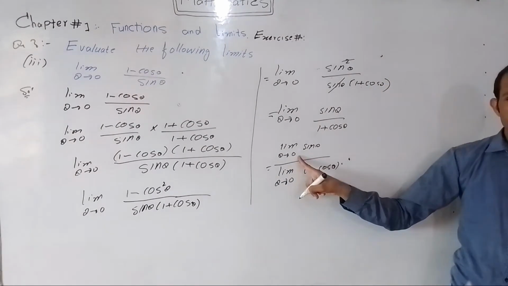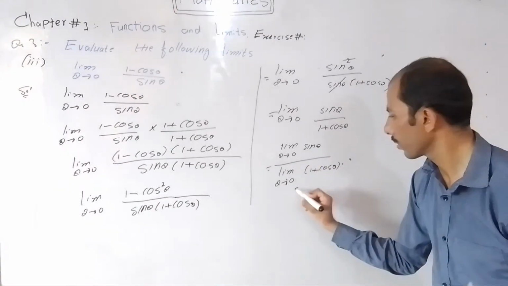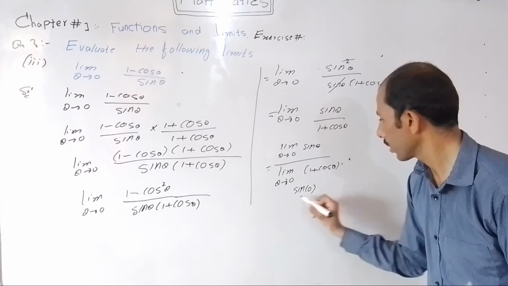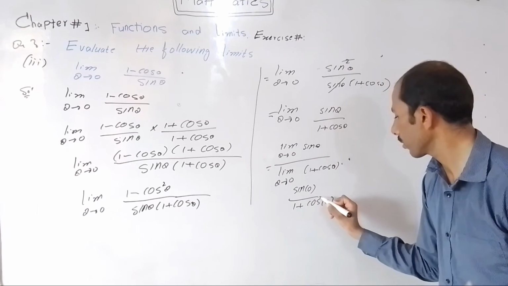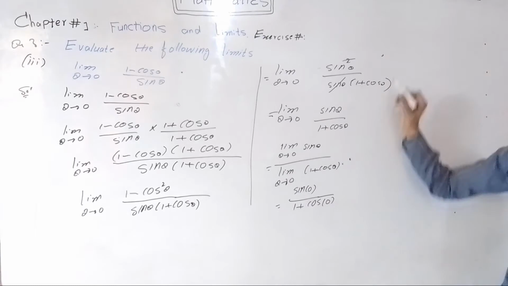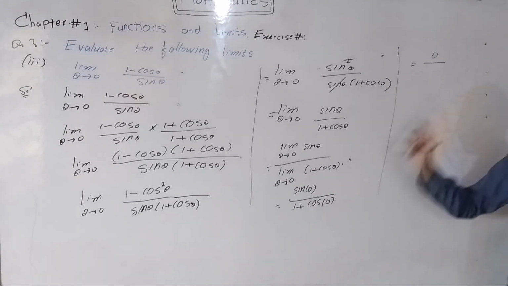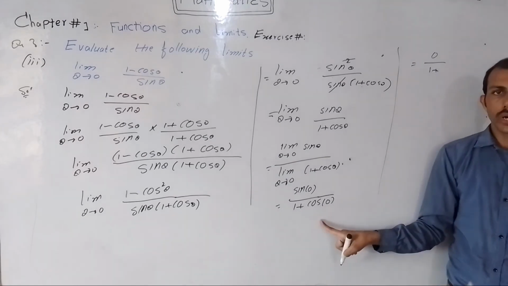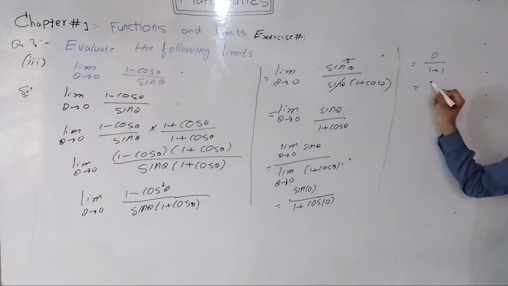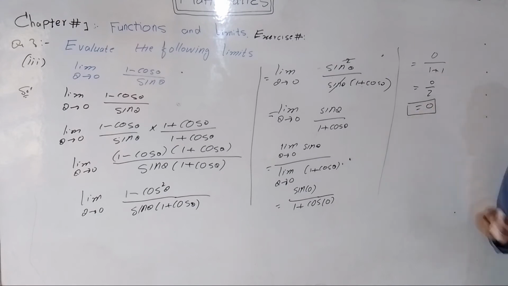So sin 0 divided by 1 plus cos 0. Sin 0 is equal to 0, divided by 1 plus cos 0 is equal to 2. So 0 divided by 2 is equal to 0, which is the required solution.